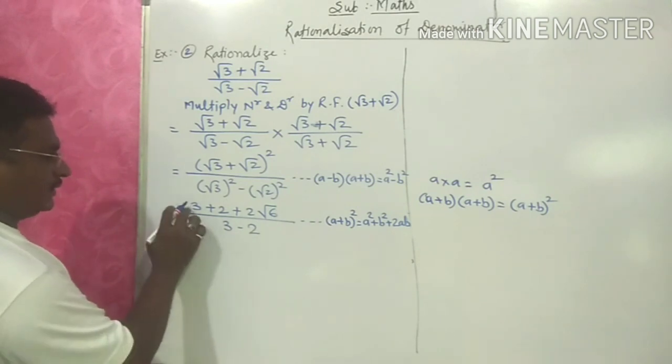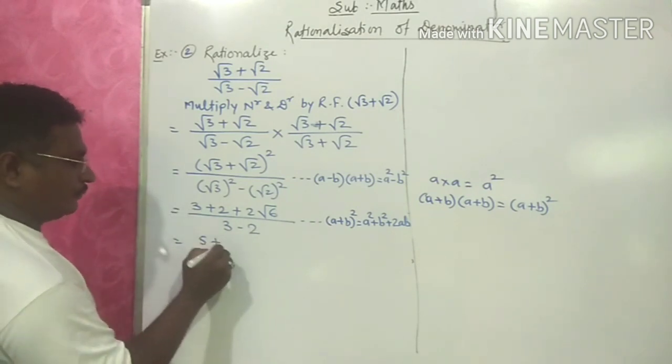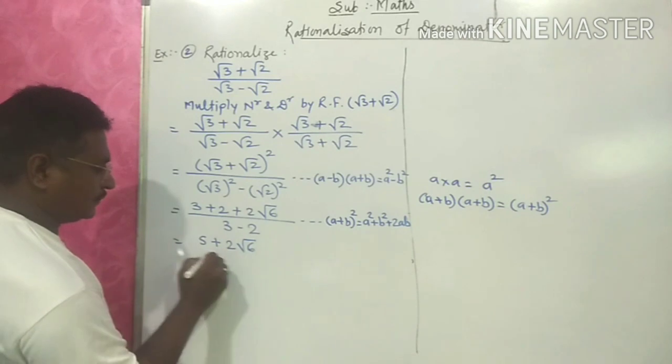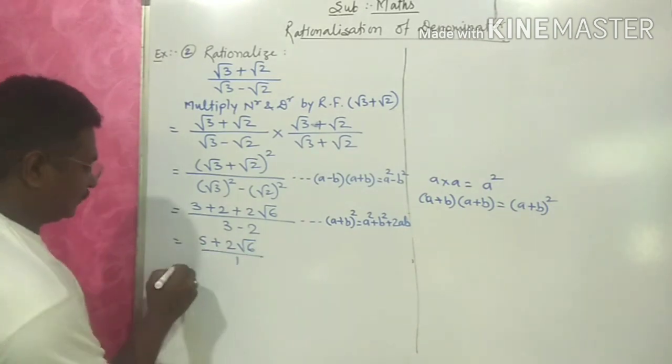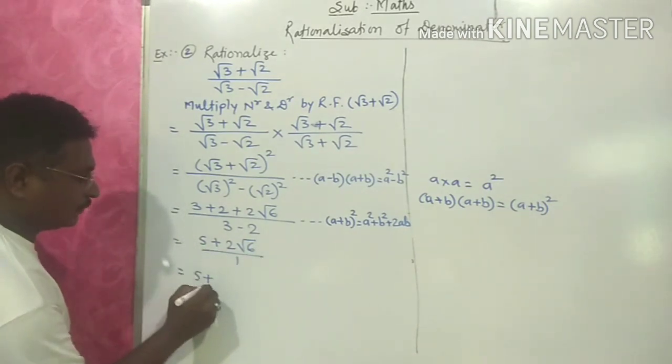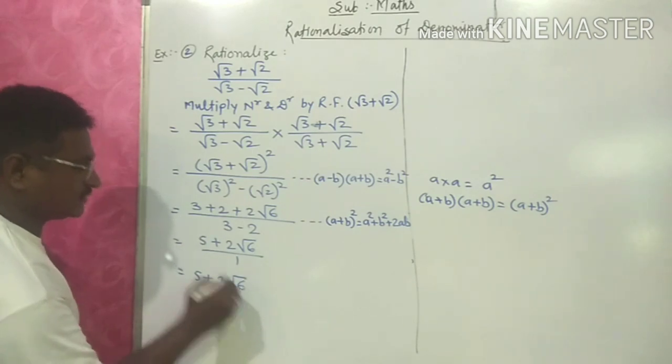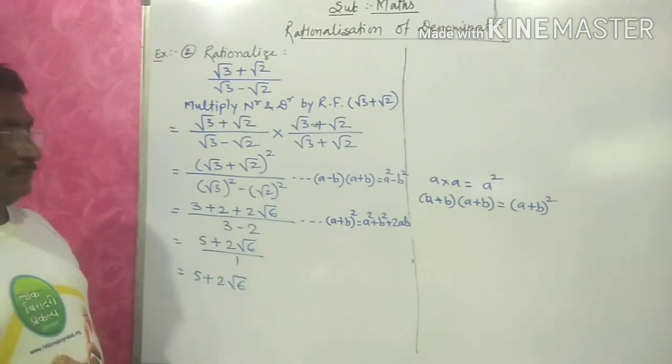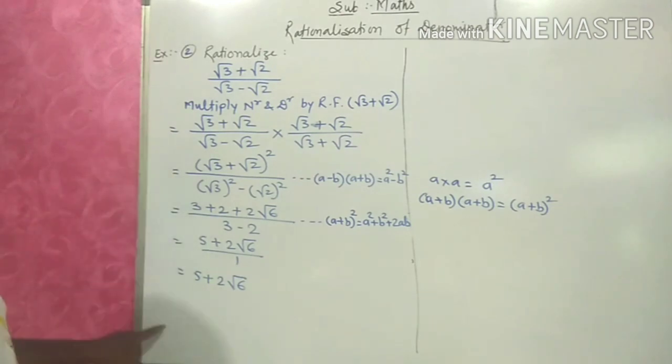Now what will we get? 3 plus 2 is 5, plus 2√6, by 1. So what is the answer? 5 plus 2√6 is the answer. Hope you understand, students, how to do this.